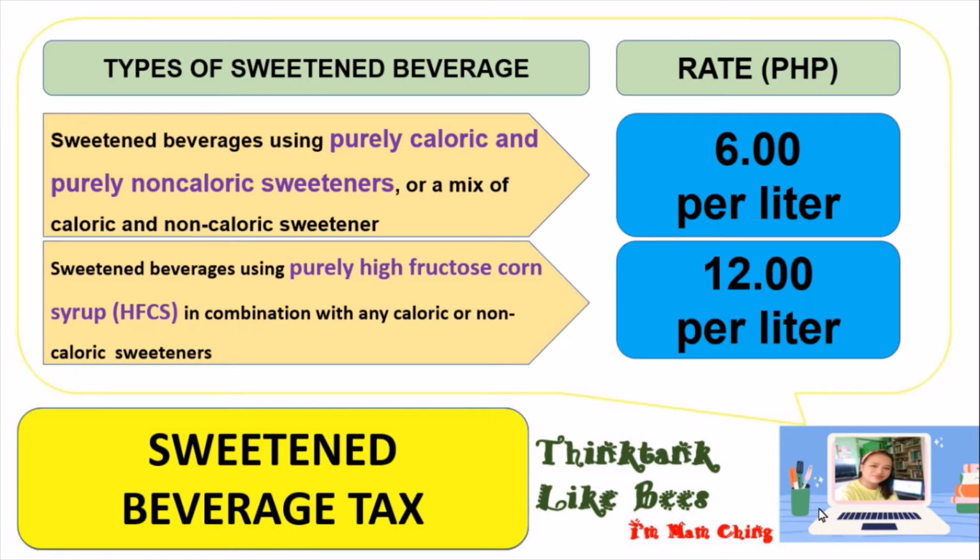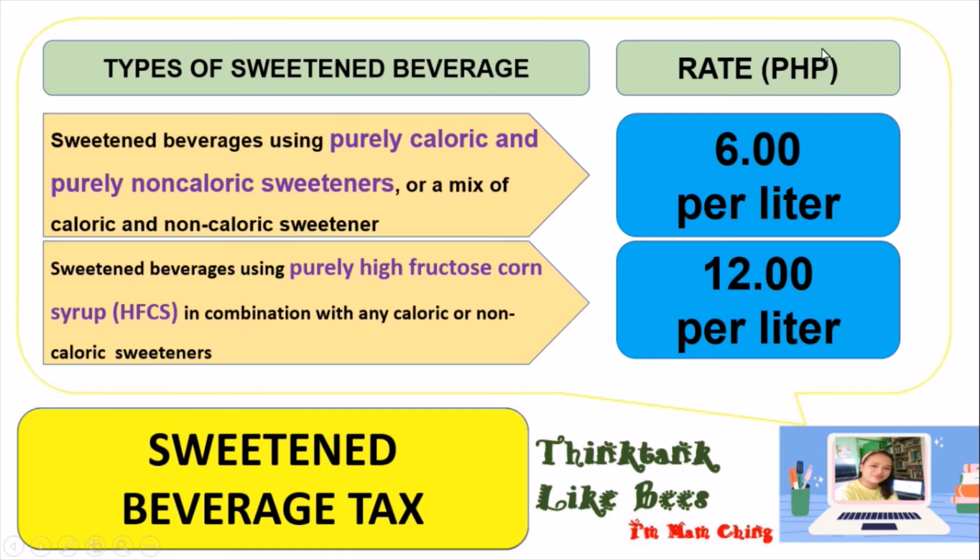A good example of purely caloric is Coca-Cola and Pepsi-Cola, wherein in every liter they pay 6 pesos. So if you buy a 1.5-liter Coke, you need to pay 9 pesos per bottle.